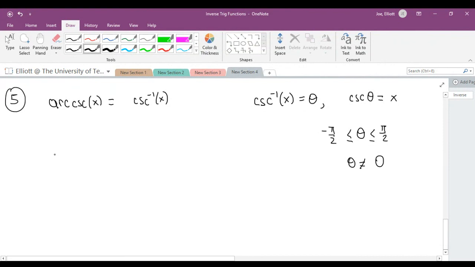All right. So then that range on the angle gives us the range of the function. So it would be between minus pi over 2 and pi over 2, but you would exclude 0 in the middle because it has an asymptote there, or cosecant had an asymptote there.